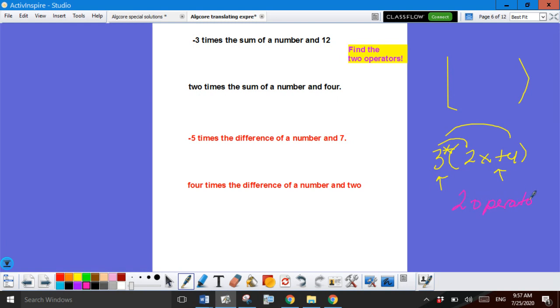So when I'm solving this, I am looking for two operators. I see times and I see sum, and there are two operators right in a row. So times the sum means I'm going to have something on the outside, something on the inside, and they are adding. Now what's adding is a number and 12, so x and 12. What's the multiplier? The negative 3. Okay, see if you can do the next one.